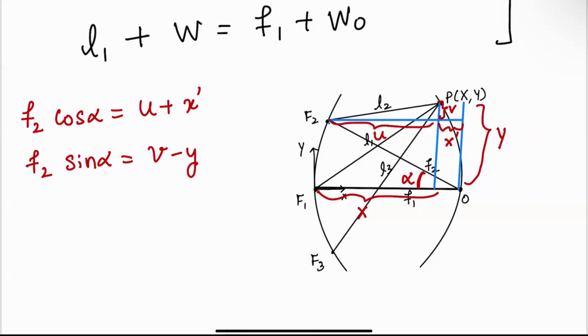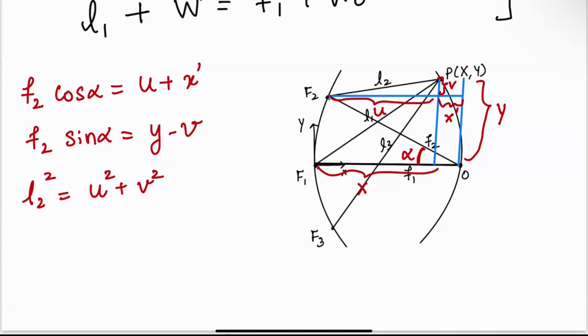Y minus V, sorry. Y minus V. And note that L2 square is U square plus V square, right? So I can use the equations just above this. Basically I can substitute the value of U and V from these two in here.